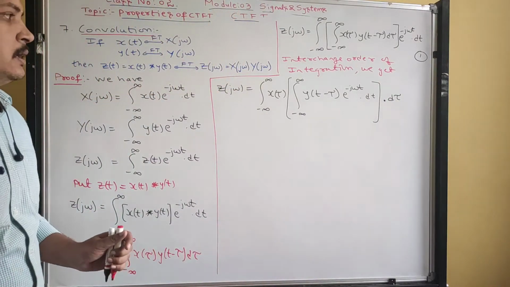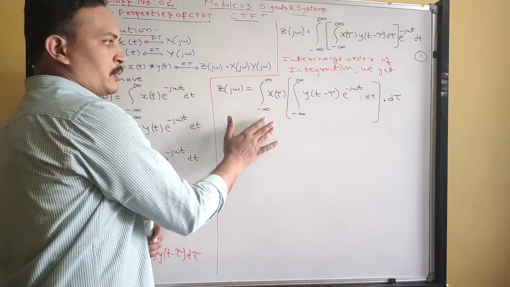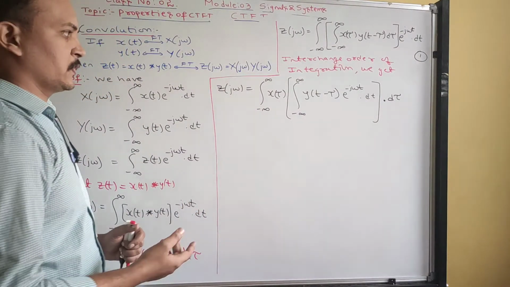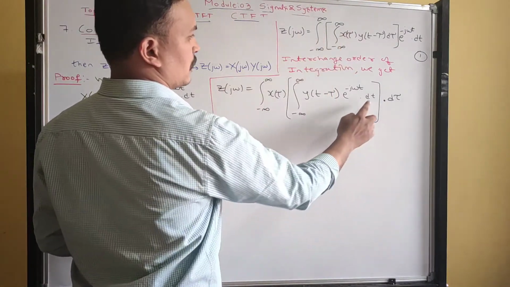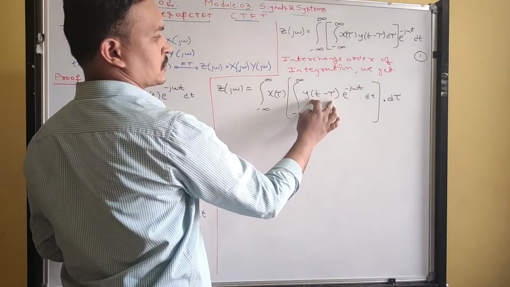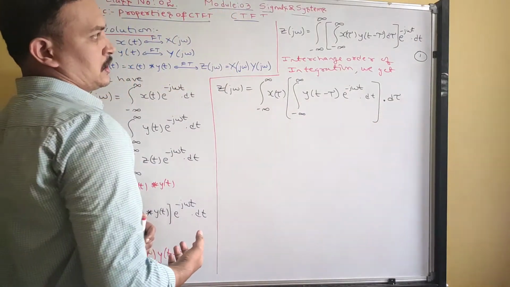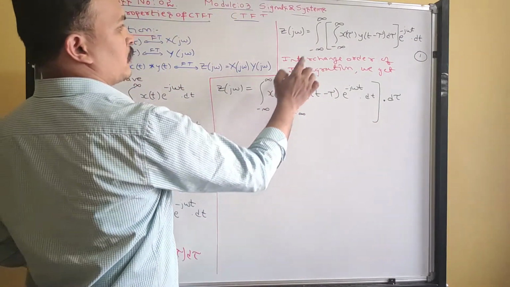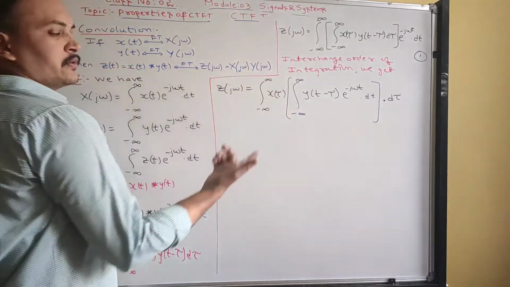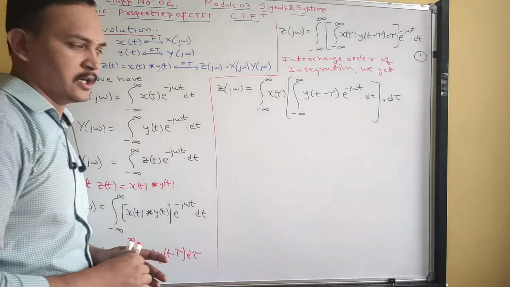Nothing new is there. Whatever is here, I have written itself but in an interchanged form: x of tau, dt, d tau, y of t minus tau, e power minus j omega t. I only rearranged the integral terms.